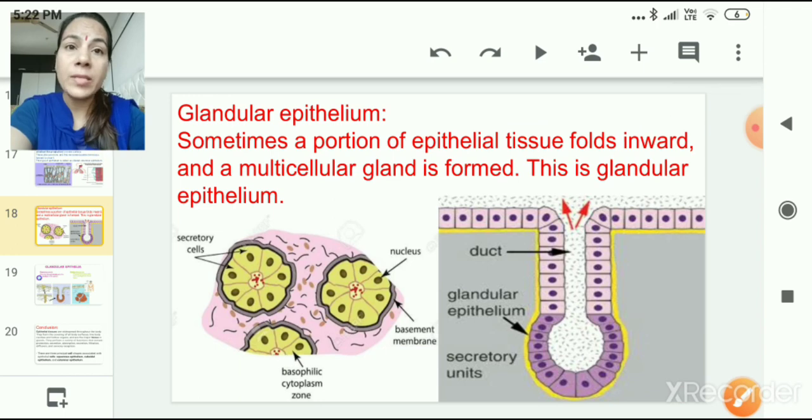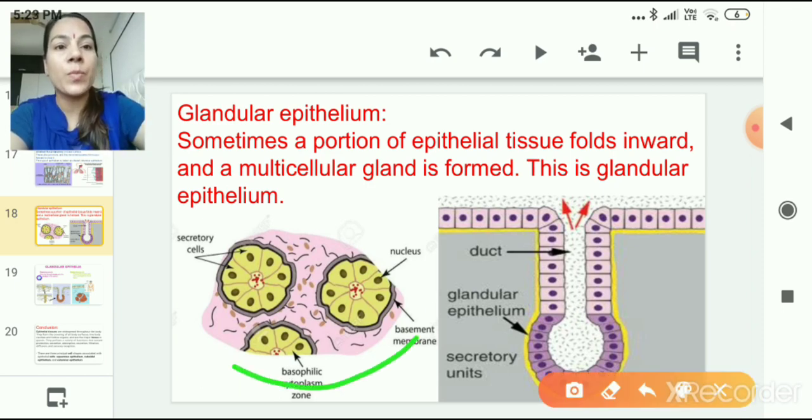Now there is another type of epithelium which is called glandular epithelium. Sometimes portions of epithelial tissue fold inward and a multicellular gland is formed. This is glandular epithelium. Here in this diagram you can see glandular epithelium, which has a basement membrane.